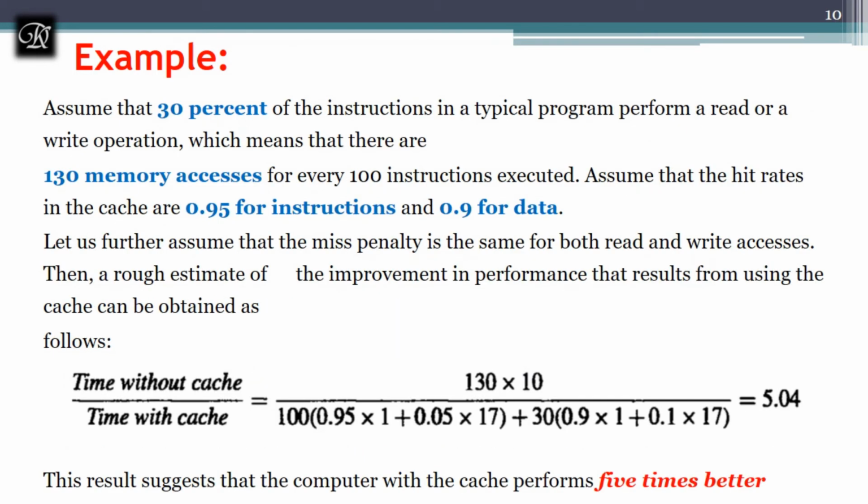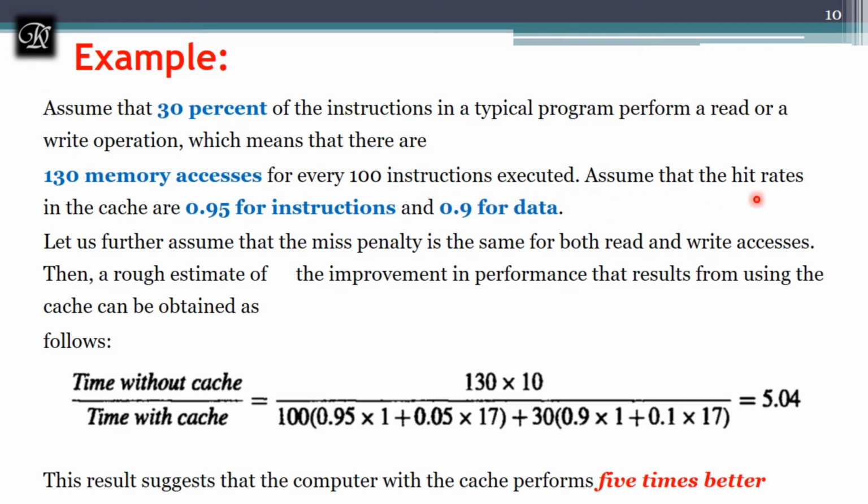Assume that 30% of the instructions in a typical program perform a read or write operation, which means that there are 130 memory accesses for every 100 instructions executed.